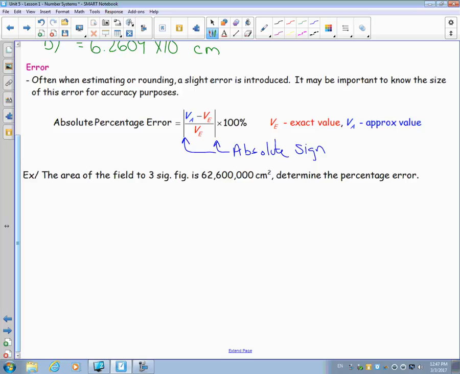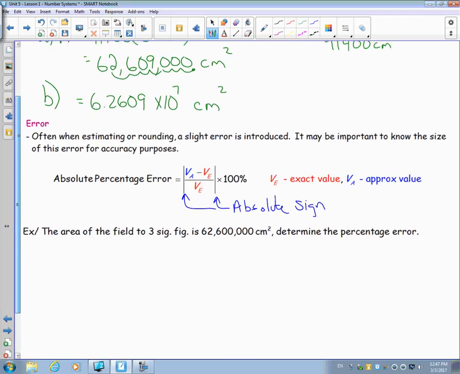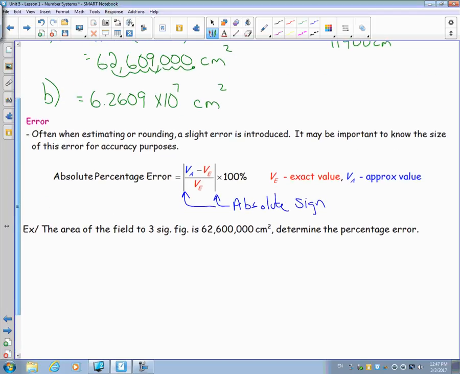So for example, if we look back to the field for a second, and we found out the answer was 62,609,000 centimeters. Well, what if we had rounded that to 3 sig figs? 62.6. How much error has that introduced? So our error, oops, that is not good spelling.